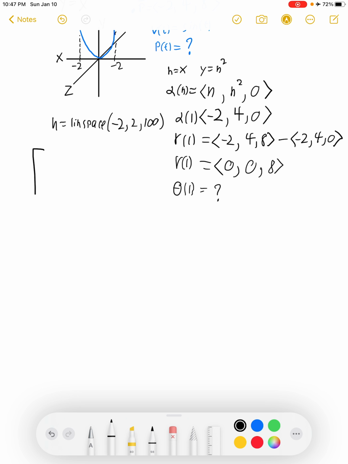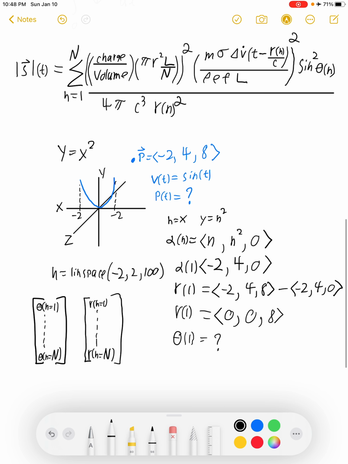So you'll see here we have theta of n equals 1 all the way down to theta of n equals upper capital N. The same goes for R. You have your thetas and your R's. You plug those in, and then you sum over all the points.